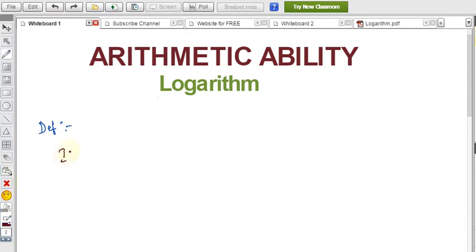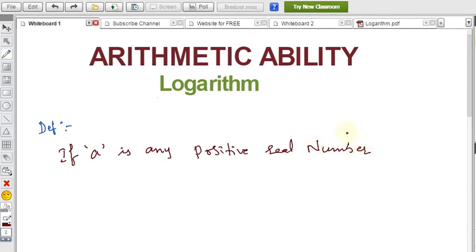If a is any positive real number. If you understand the definition clearly, then you can do the example sums, and at the same time you can understand the properties easily.